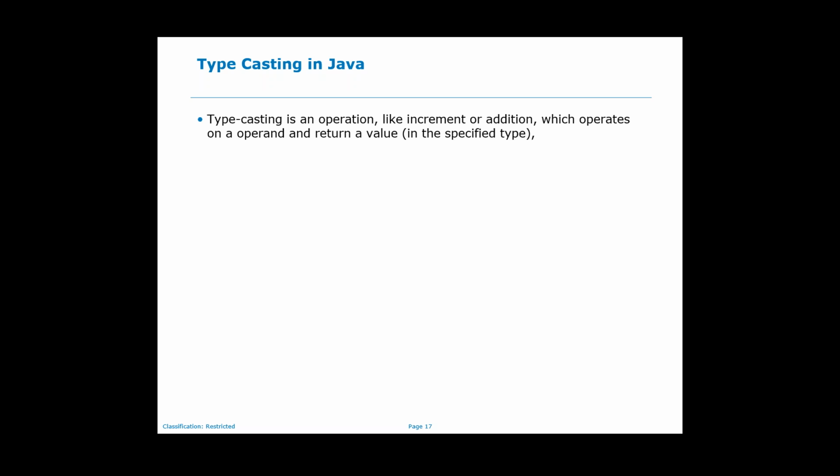In the sense, if you want to store more digits after the decimal point, you go for a double. If you want to store fewer digits, then go for a float. This is just a storage constraint in Java.